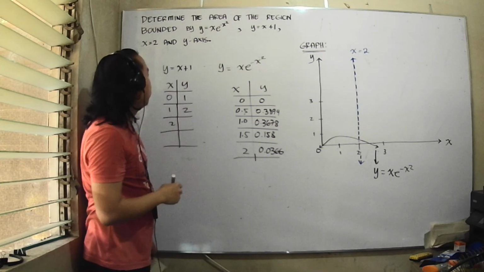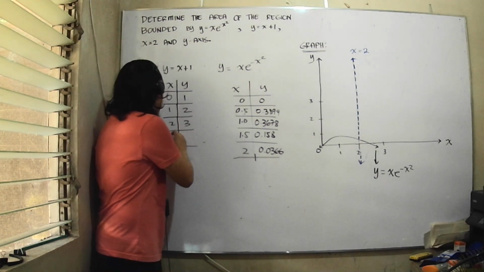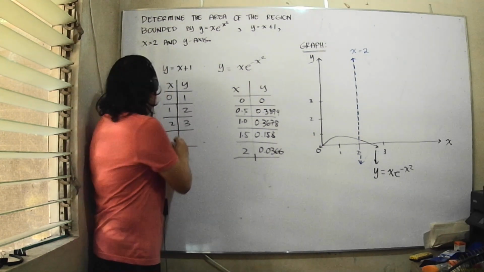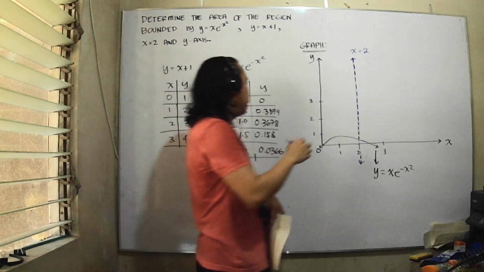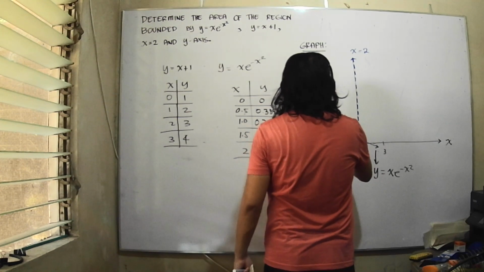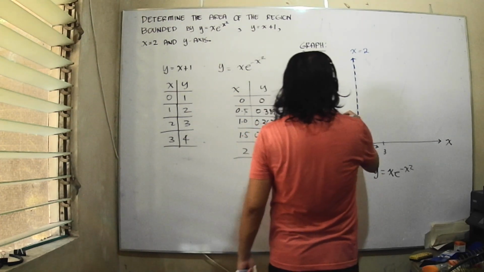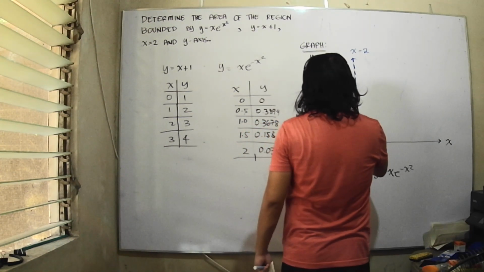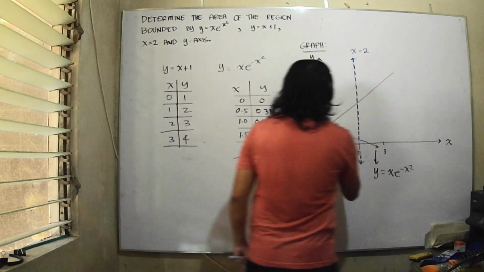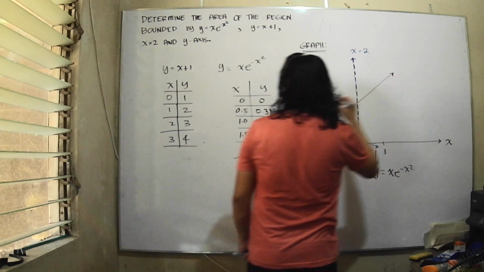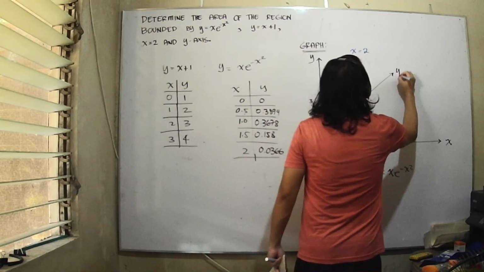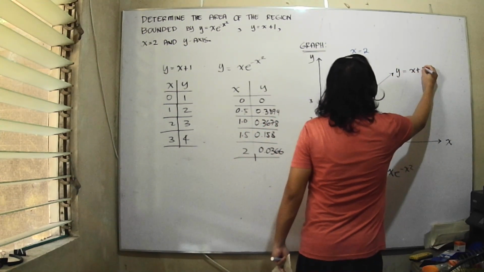When x is equal to 2, that should be 3. When x is equal to 3, that should be 4. So it starts with 1, then 2. Basically, this is its shape. Okay? This is y is equal to x plus 1.